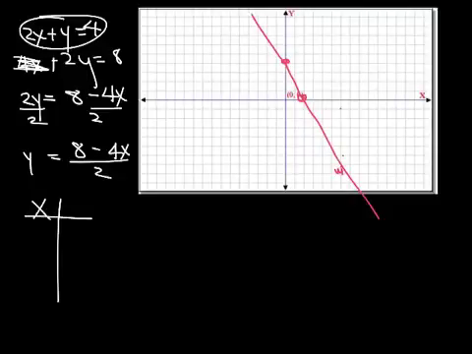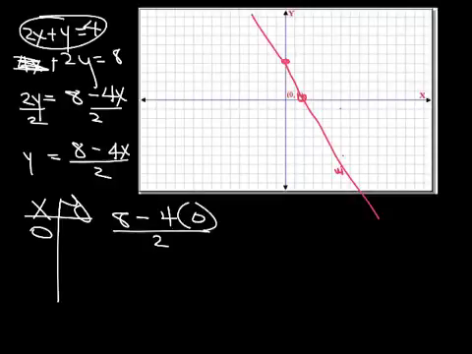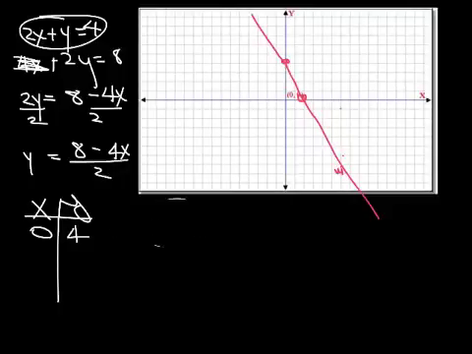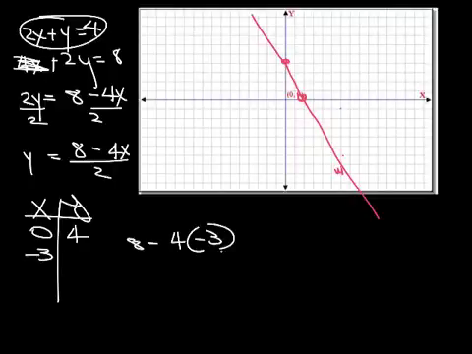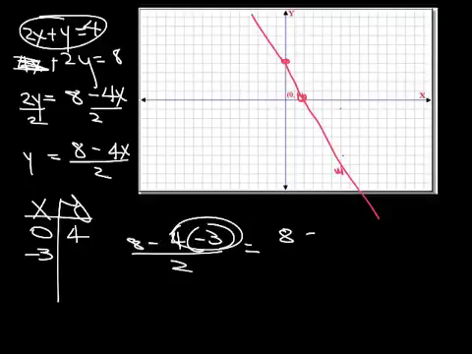And we're going to use our xy, and let's put a 0 in there. 8 minus 4 times 0 divided by 2. So it's 8 minus 4 times 0 is 0. So 8 minus 0 is 8. 8 over 2 is 4. Okay. And let's see, what other number can we use? Let's use negative 3. So 8 minus, this is going to be negative 12 over 2.